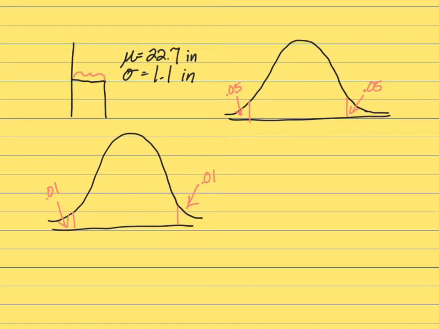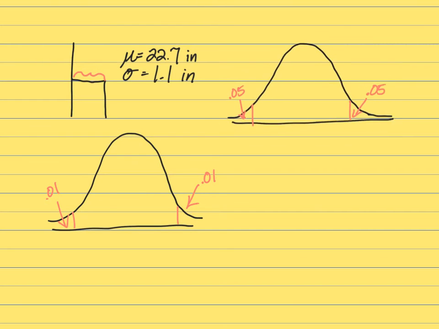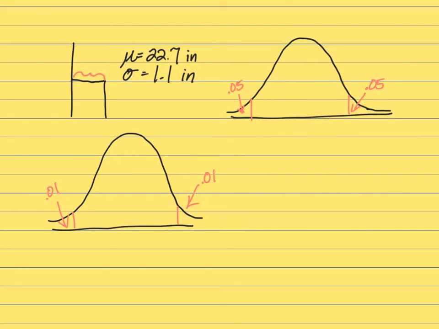Instead of being where they are, they're going to be farther out. So that's the setup for us. They want us to find those boundaries so that if we're beyond those boundaries, then we classify as being critical.